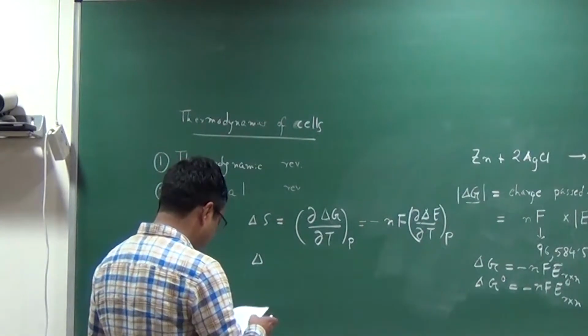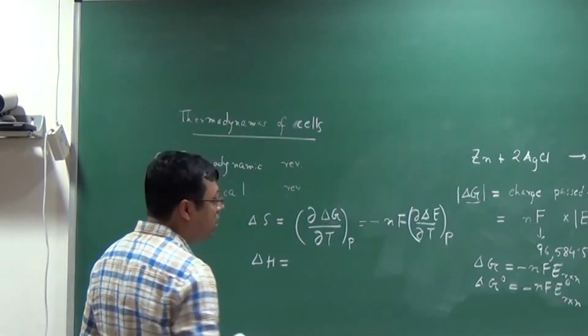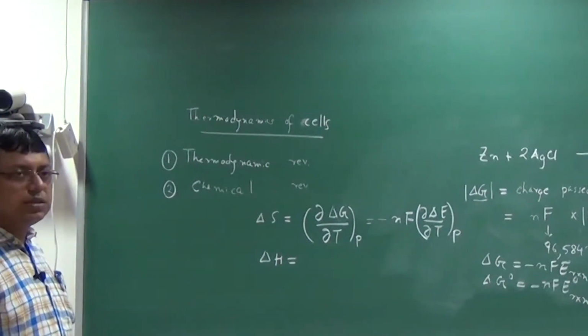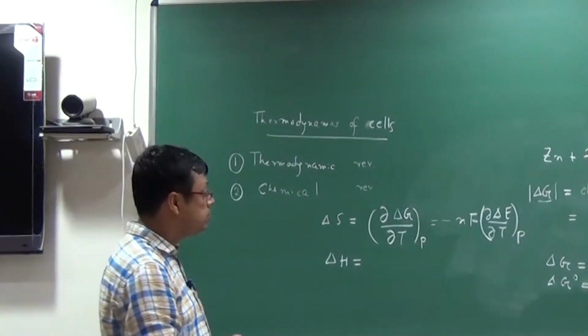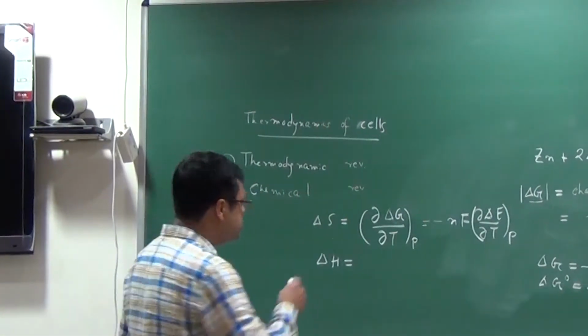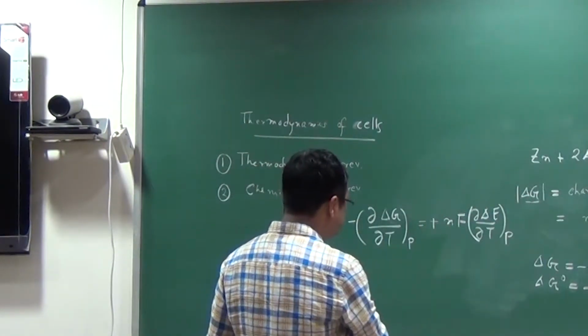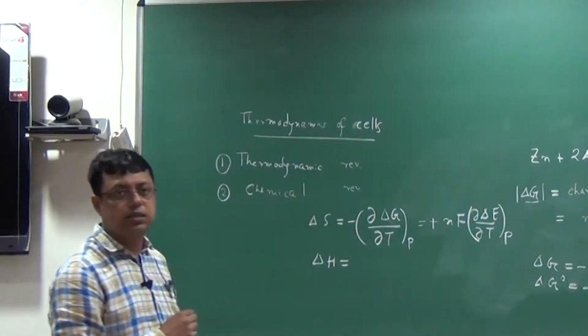But similarly, I could also write the equation for delta H, right? Delta H also I can write, the way we're writing it. So it is basically delta G plus T delta S. So it's minus delta S. This will be a minus S. Yeah, so minus S, it will be plus that. So what will be delta H?